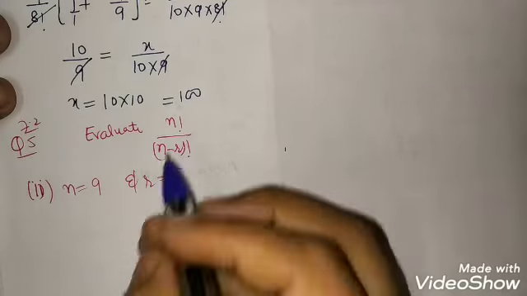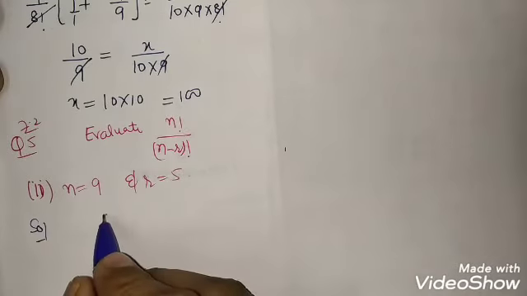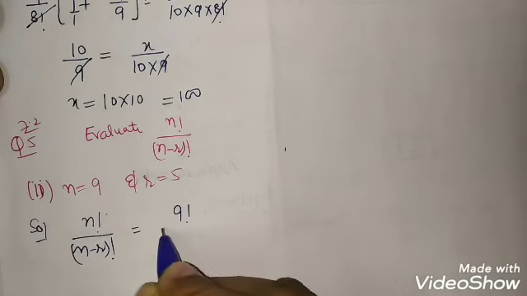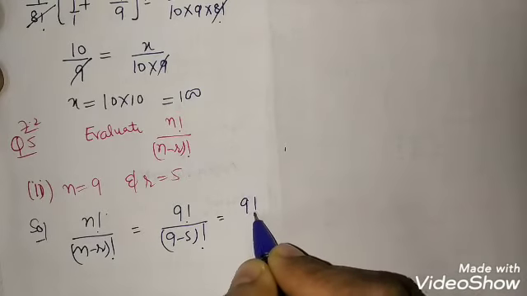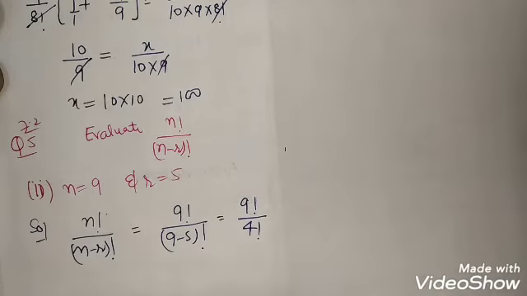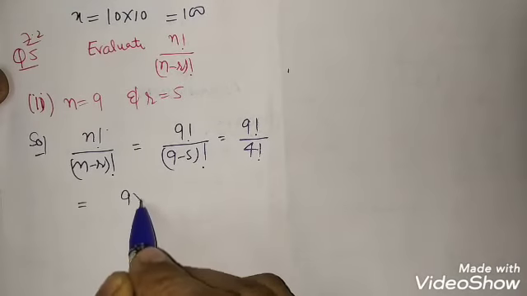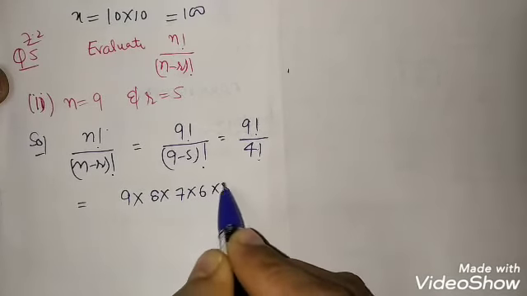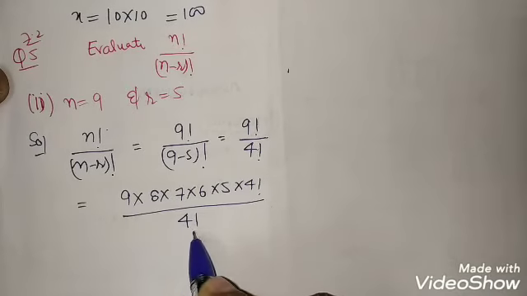Solution. Put n to be 9 over here. So n factorial upon n minus r factorial is equal to 9 factorial upon 9 minus 5 factorial. This is 9 factorial upon 4 factorial. We can write it as 9 into 8 into 7 into 6 into 5 into 4 factorial upon 4 factorial.